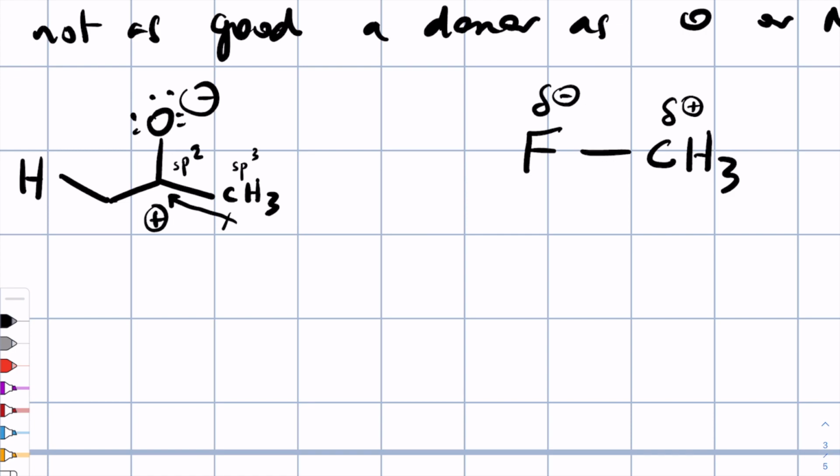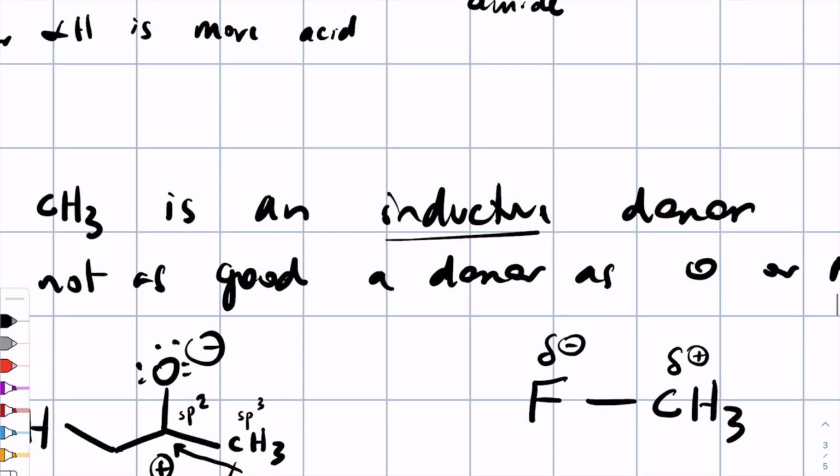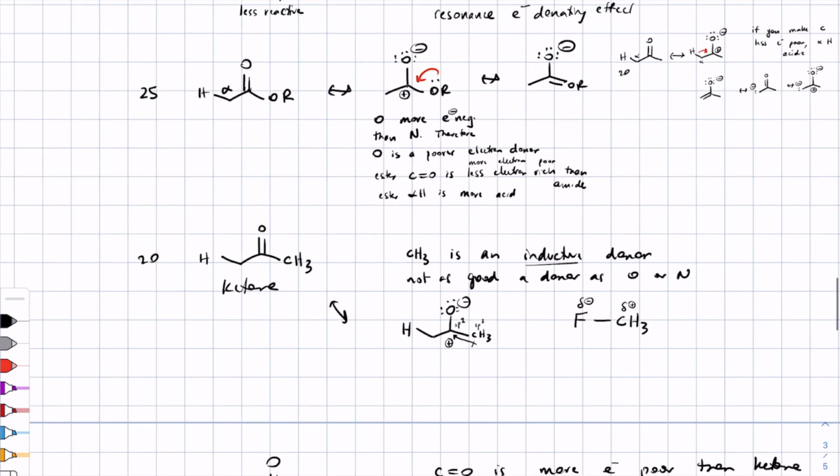So an inductive effect is really based on electronegativity differences between two atoms. Resonance effect is based on having lone pairs adjacent to things that can donate into or be conjugated to the carbonyl carbon. All right, what else?